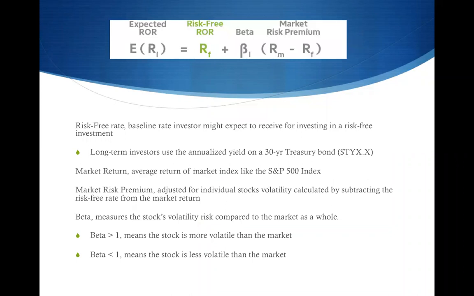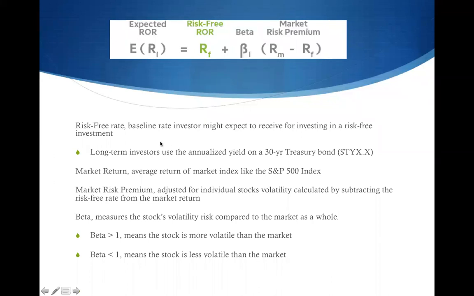I put the equation at the top so you can follow through. The risk-free rate of return is a baseline rate an investor might expect to receive for investing in a risk-free investment. What's that right there?